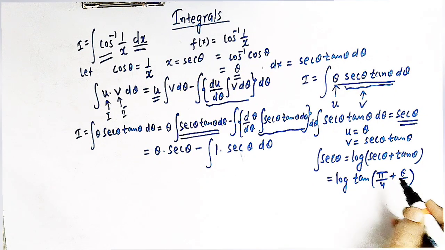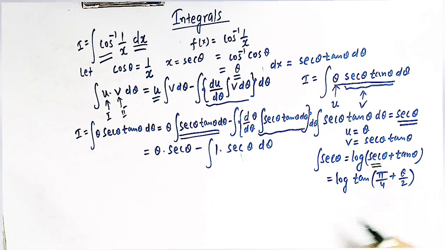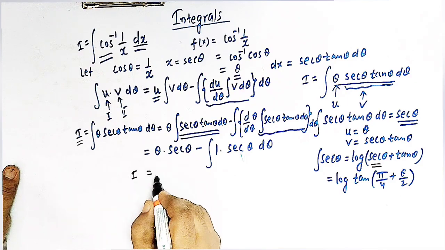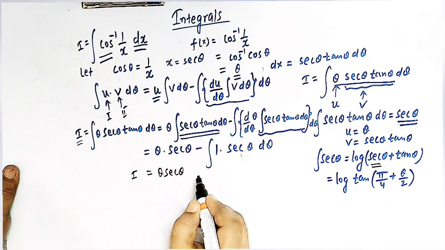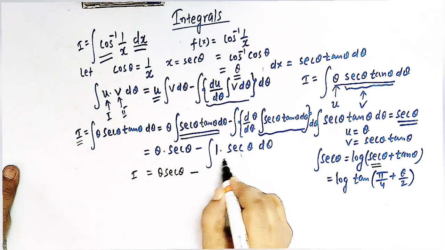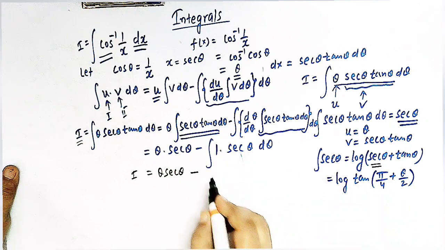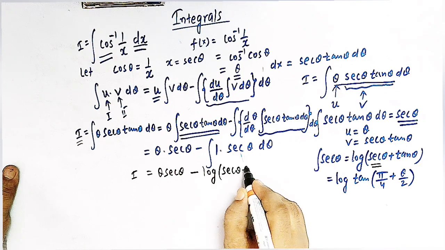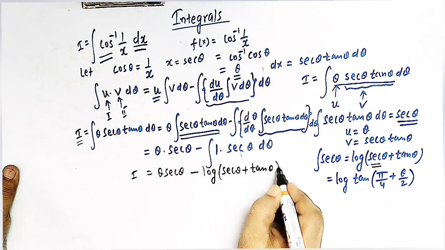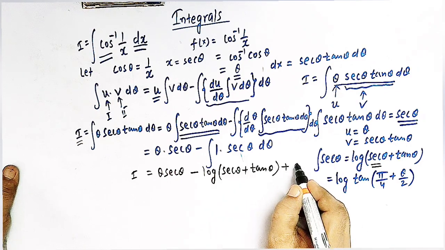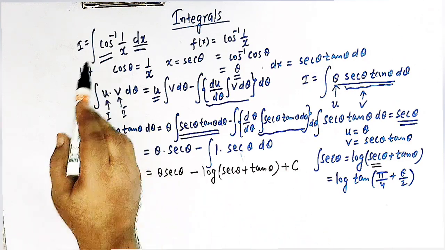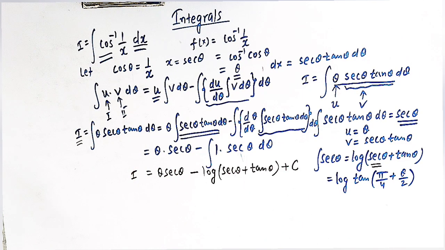So we have two results for the integral of secant theta. Here we'll prefer this result, and we have I is equal to theta secant theta minus the integral of secant theta, which is a log of secant theta plus tan theta, and here we have the constant of integration as c, because we are dealing with indefinite integrals.